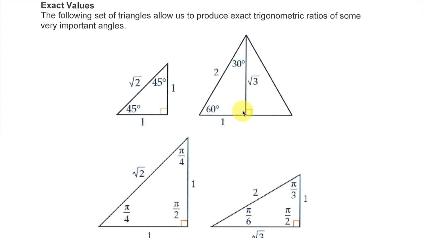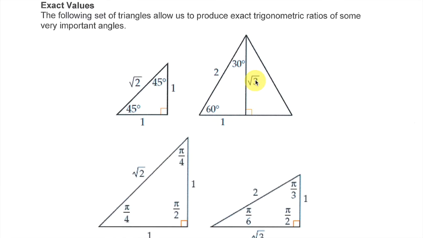The largest angle is 90 degrees, so opposite that should be the largest side length. The smallest angle is 30 degrees, so opposite that should be the smallest side length. And then in the middle, we've got 60 degrees, and it should be the middle side length, which is square root of 3, which is approximately 1.73.